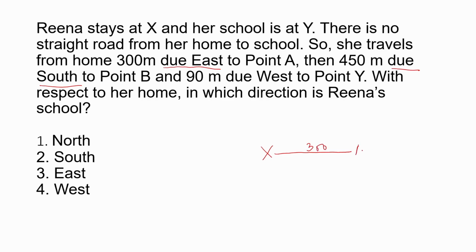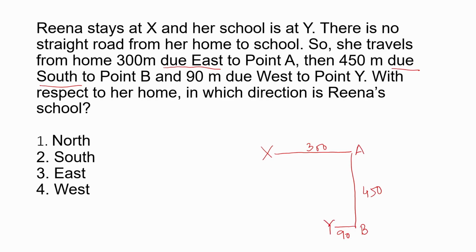This is point A. Then 450 meters due south. So this would be approximately 450 meters due south. This is point B, and 90 meters due west. So this would be approximately 90 meters due west to point Y.